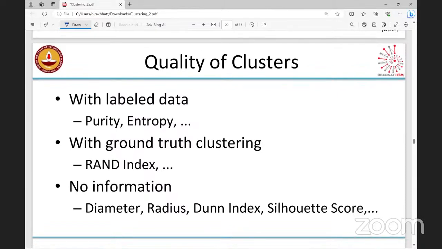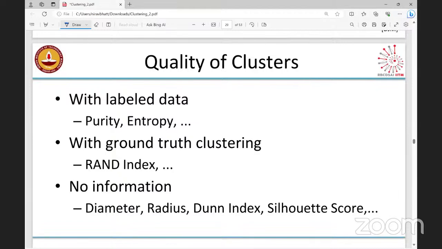Now, in addition to this, there is also another aspect, which is the quality of the cluster. I applied k-means clustering and got my clusters, but how good are they? Is there some level of analysis I can do which helps me understand the quality of the clusters I got?